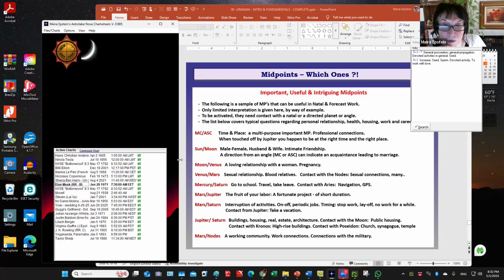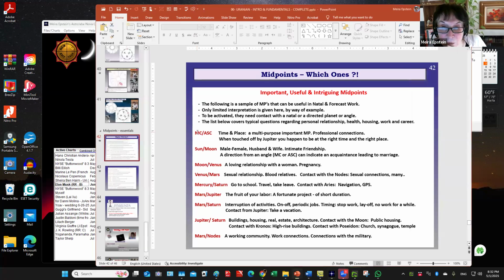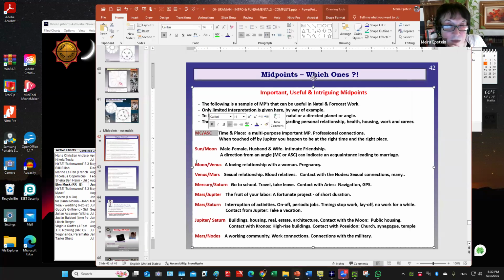So for instance, I want to find the midpoint between Ascendant and Midheaven. I want to have the midpoint between the Sun and the Moon. You see what I'm doing? The most important combinations, the most personal ones: Moon Venus, Venus Mars, Mercury Saturn, Mars Jupiter, Mars Saturn. Every one of them is a mouthful in terms of interpretation of a chart.